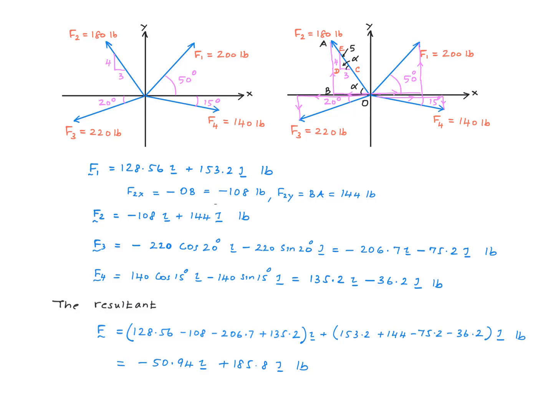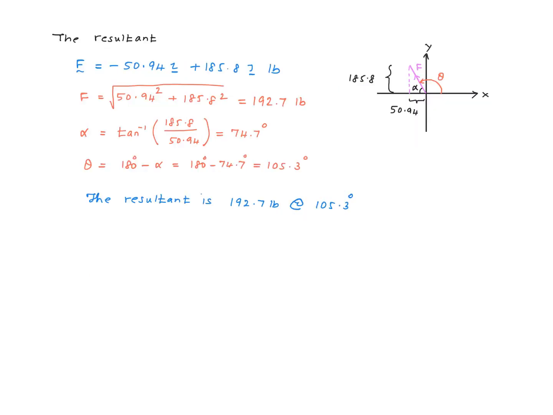Now let's go ahead and present this in the proper way. So what do we do? Well, on the basis of these numbers, we make a sketch. We have a negative x component and a positive y component for the resultant, and therefore the resultant sketches in the second quadrant, like in this picture.